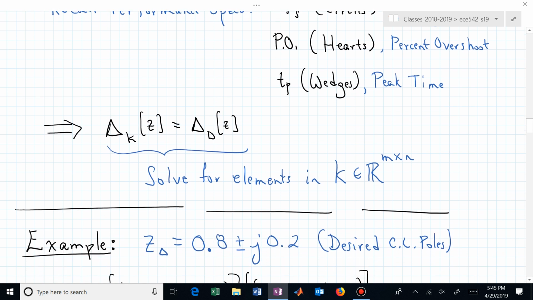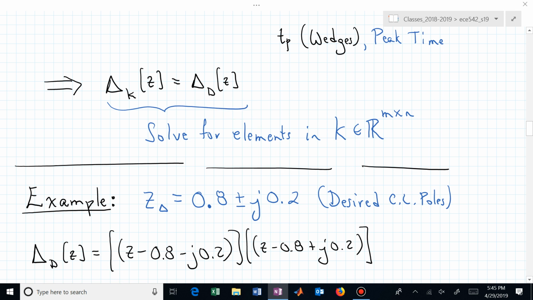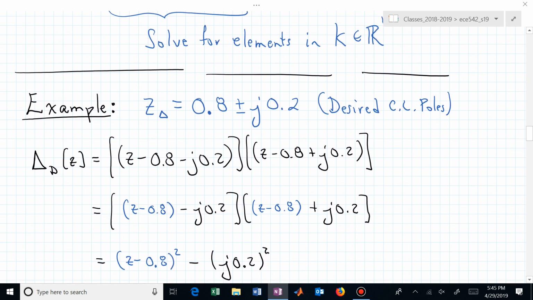But first, in order to do that, let's remind ourselves where that desired polynomial comes from. We have desired closed loop poles, let's say at 0.8 plus and minus j0.2, and that now we can say gives rise to 2 linear factors with complex poles. Those poles are conjugates of each other.